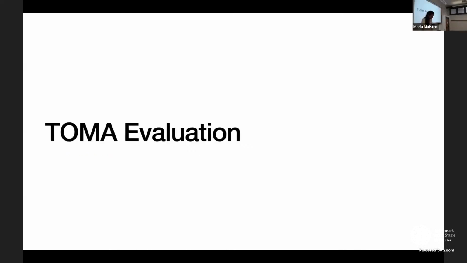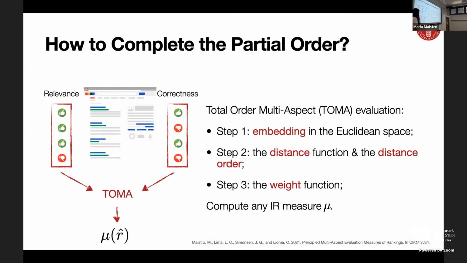So what we propose to tidy up evaluation with multiple aspects is a 3 steps approach, where in the first step we embed all the labels in a geometrical space. We use the Euclidean space. Then we compute the distance function, and based on this function, we define an order relation.